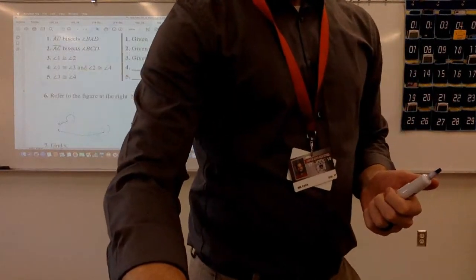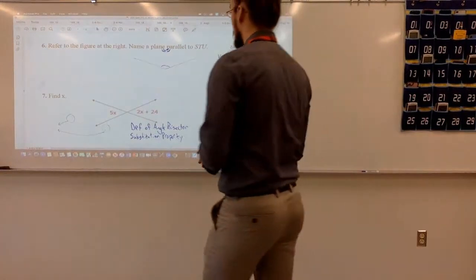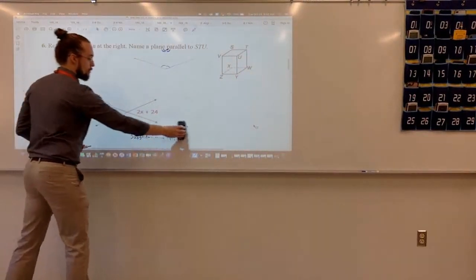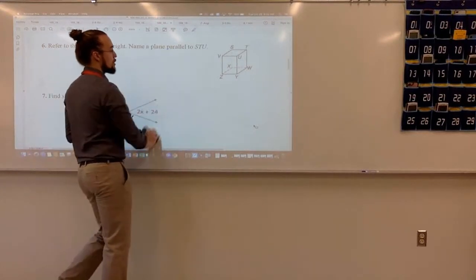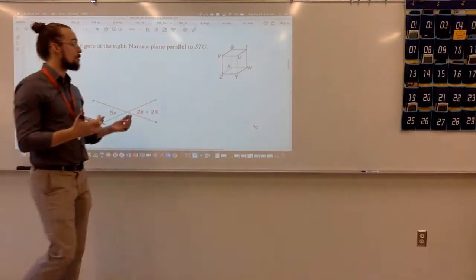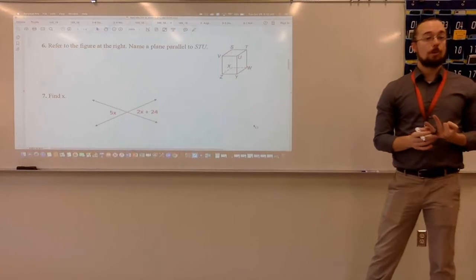So the next, numbers 6 and 7 were actually kind of reviews from previous sections. Okay, number 6, we are just asked to name a plane parallel to STU. Okay, if you remember, back in the first chapter, we named planes using 3 points.